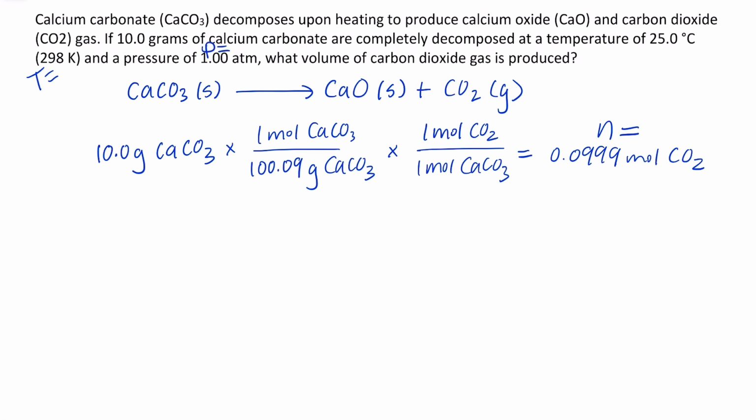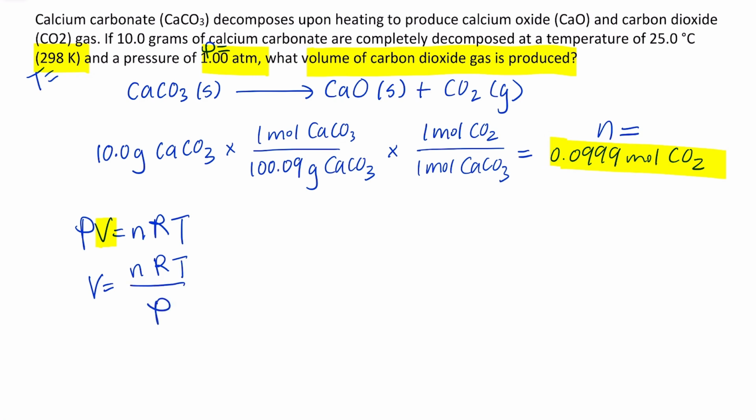We're going to substitute the following numbers: 298, 1 atmosphere, and 0.0999 into PV equals nRT, the ideal gas law. If we isolate and solve for the volume, which is the unknown, we have V equals nRT over P.